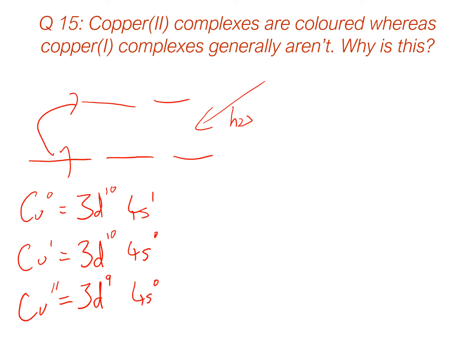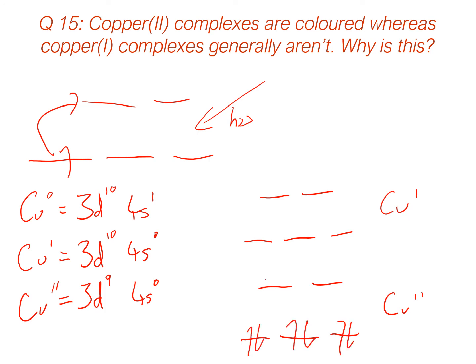So if we look at copper 1 and copper 2 and draw their orbital diagrams, we'll start with copper 2. We need to put 9 electrons in there. 1, 2, 3, 4, 5, 6, 7, 8, 9. You can see there's space for one more electron here.